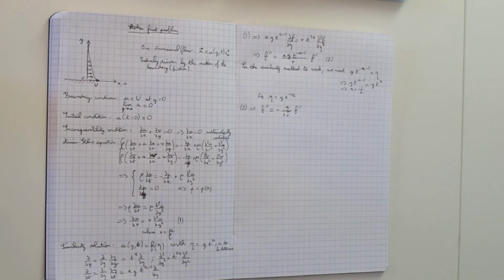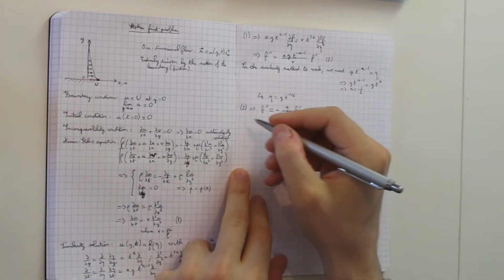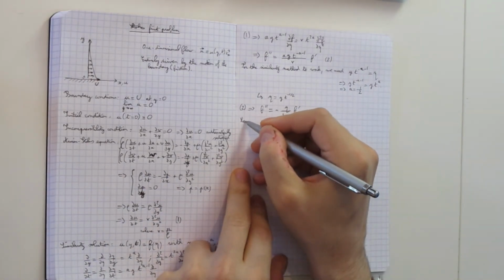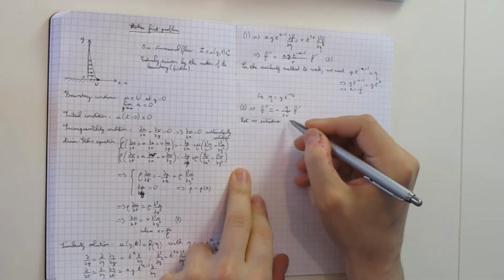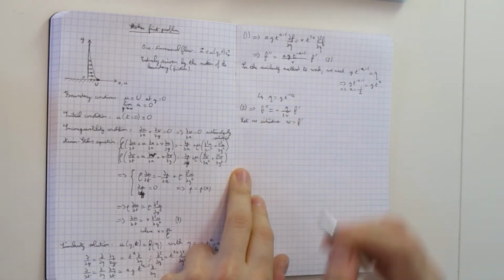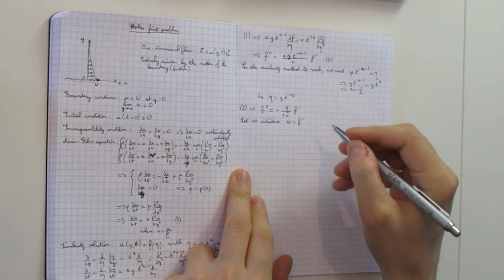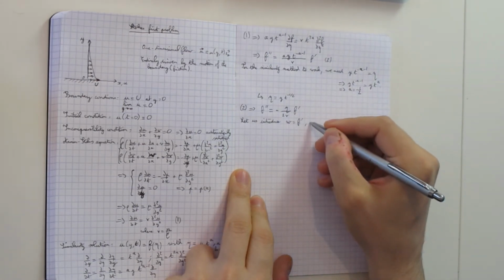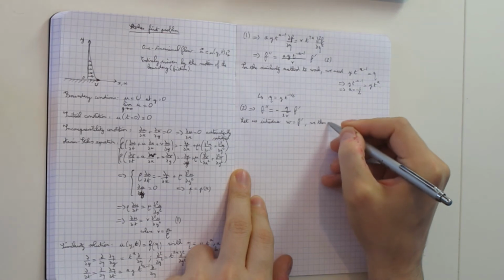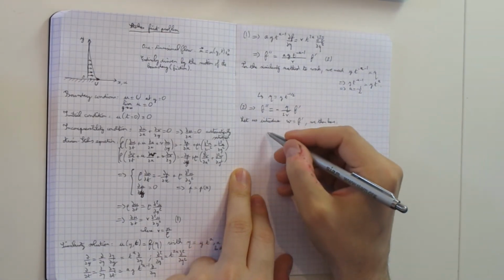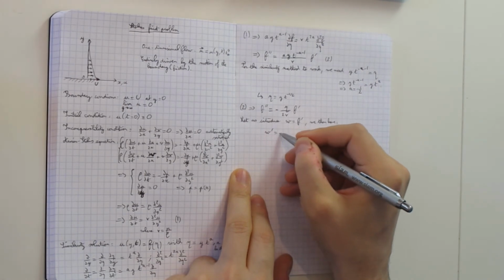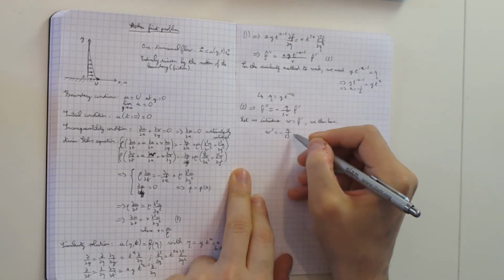Okay? So to solve for this, let's just first introduce w to be f prime. And so the equation that we were to solve now writes w prime equals minus eta over 2 nu w.